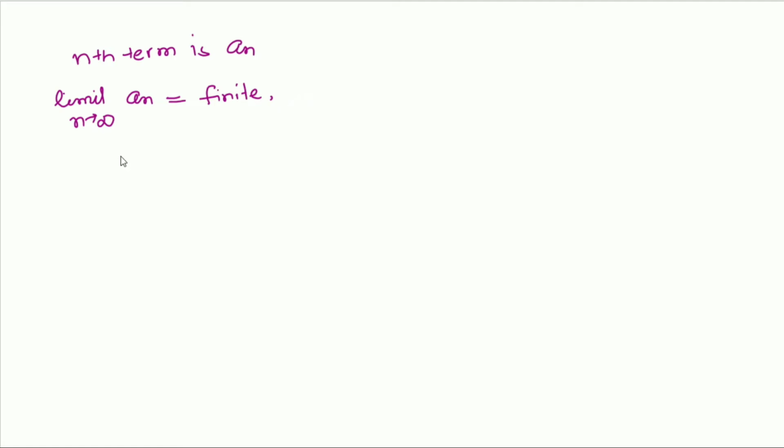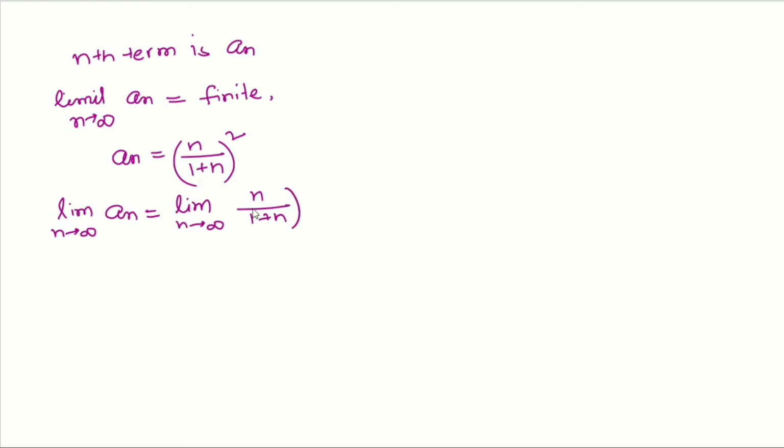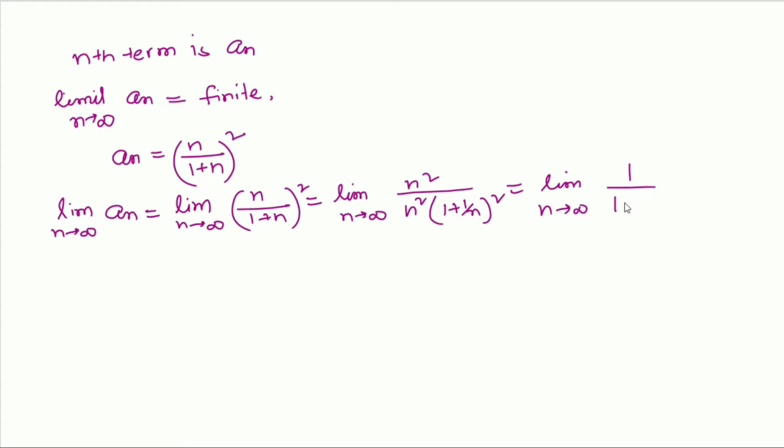As an example, if we take a_n equal to n by 1 plus n square, then the limit as n tends to infinity of a_n is the limit as n tends to infinity of n by 1 plus n square, which equals the limit as n tends to infinity of 1 by 1 plus 1 by n square.